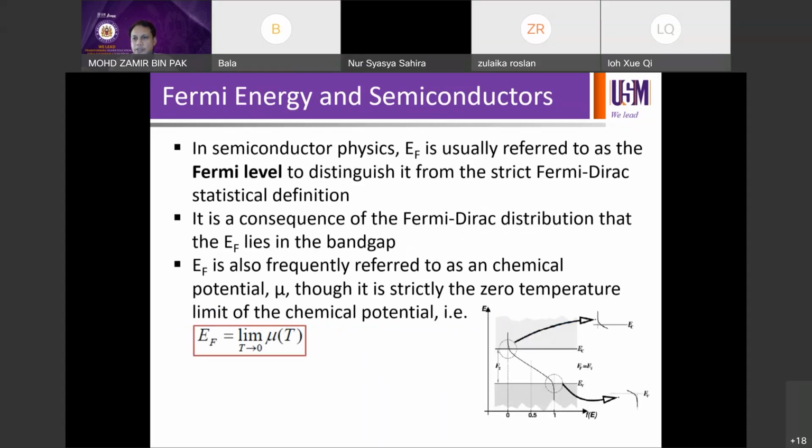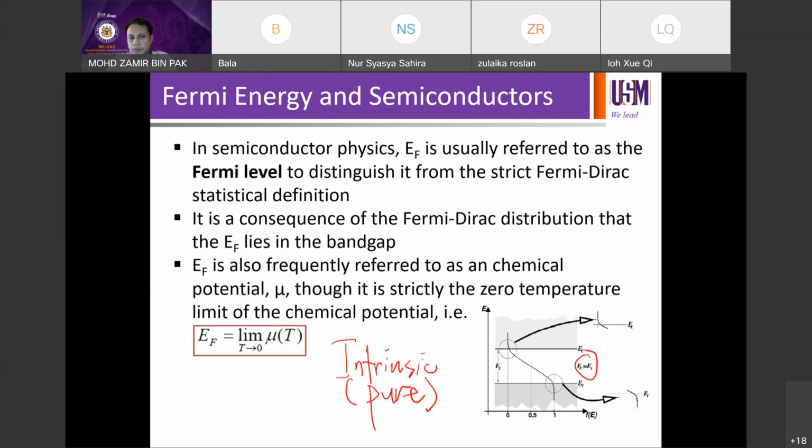We have discussed that when you assume an intrinsic or pure semiconductor, where intrinsic means pure or undoped, EF will be halfway through the band gap, right in the middle of the band gap.